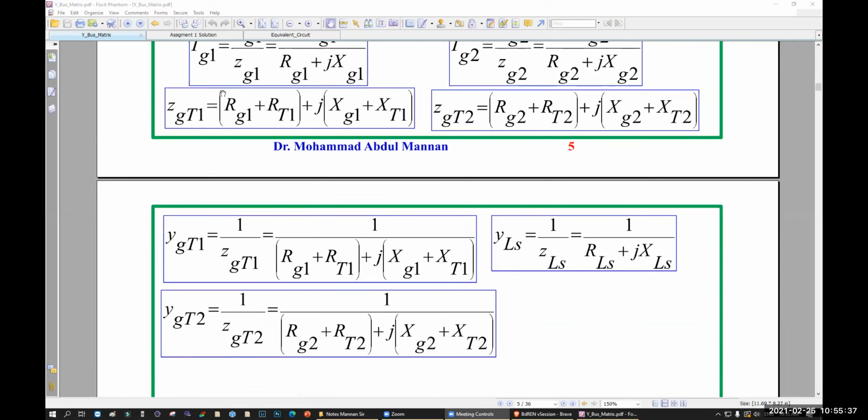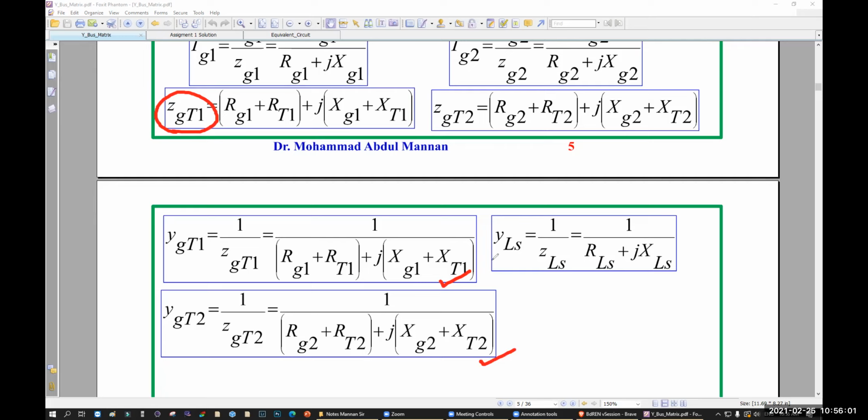Now these are all your impedances. Now what is your admittance for this one? Ygt1. See, small y and capital Y, and capital L, they have two different meanings. I will explain later. One divided by that one, that is your admittance. This is your admittance for bus number 2.